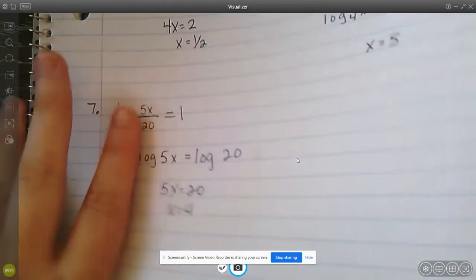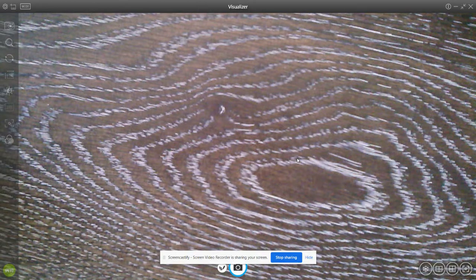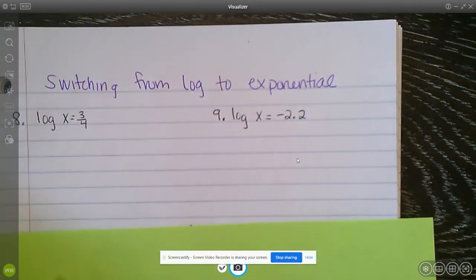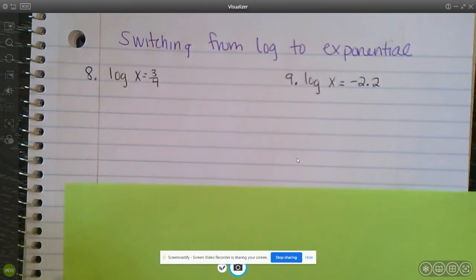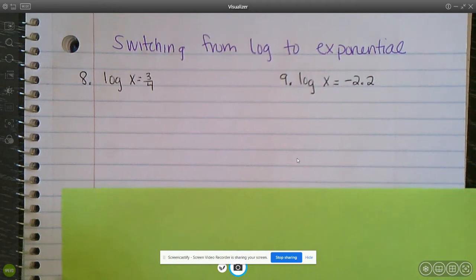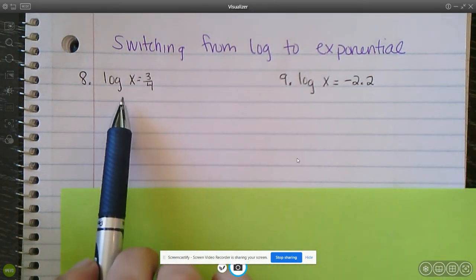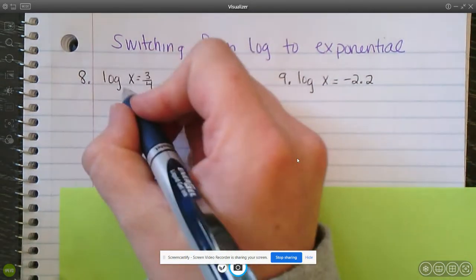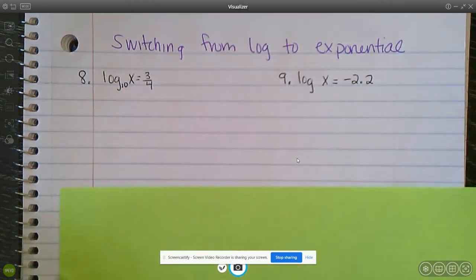All right, moving on. The next way we can solve is by switching from logarithm to exponential form. So right now this says log base 10 of x equals 3/4. Well, there's not 2 logs, so you can't look for the same base.